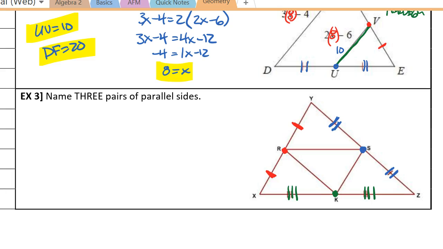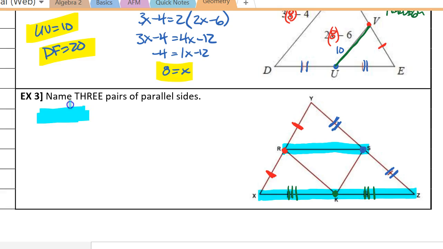Comparing them, I'm going to go ahead and start off with RS. If RS is the midsegment, that means that XZ is the base, and we know that those are parallel. Light blue lines, we know that RS is parallel to XZ.